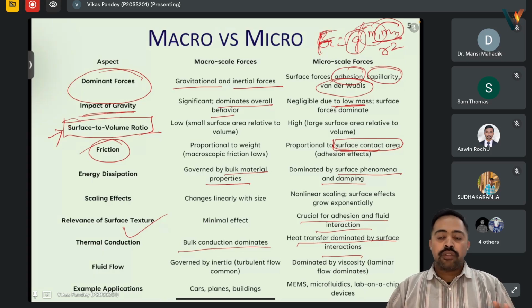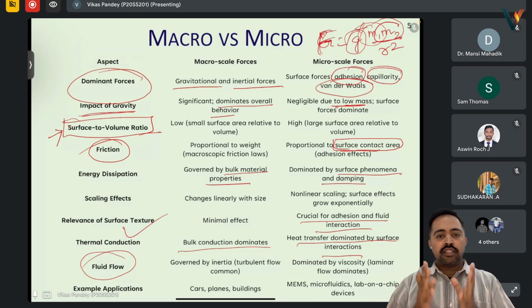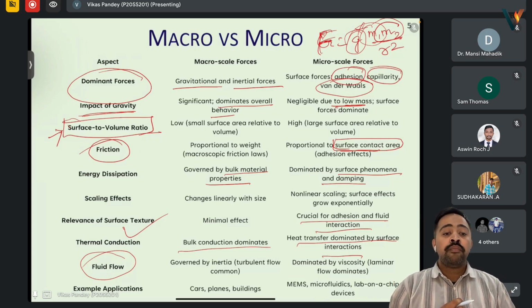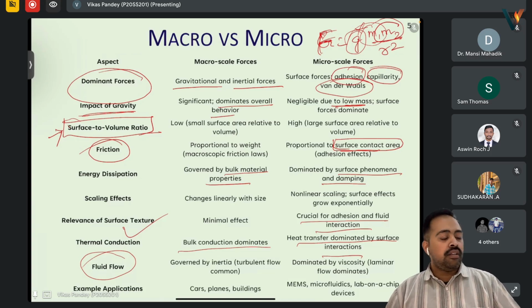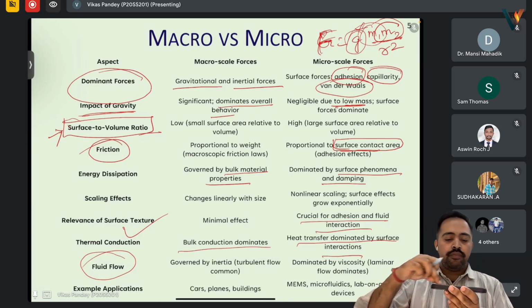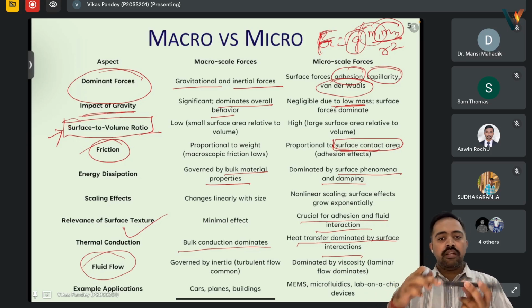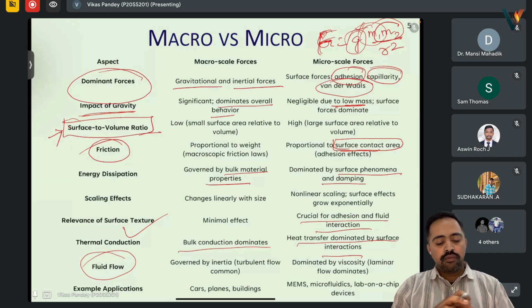Fluid flow is very crucial in case of MEMS devices, because there is a separate section inside MEMS devices which is microfluidics. Okay, so if a fluid is flowing over a surface and we tilt it in our macro devices, since it has inertia, some force will come into play, so it will flow like this.